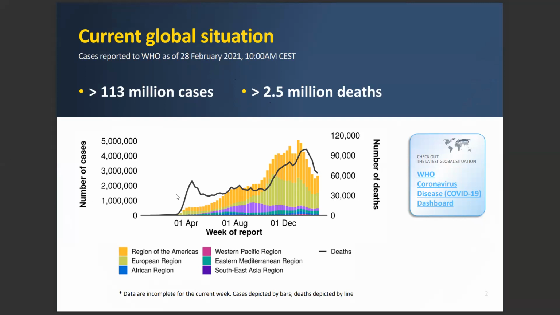Then please let me know. You can use your chat box also. How many axes are in this graph? How many axes have they used to create this graph? Then how do you read this graph?